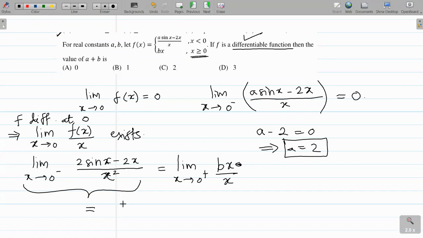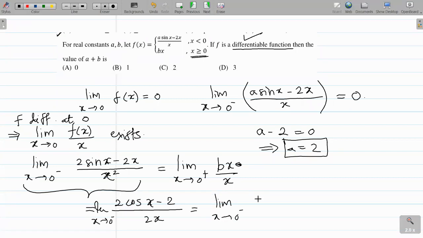L'Hopital's rule. Apply. So 2 cos x minus 2 divided by 2x, limit x tends to 0 minus. Now again it is 0 by 0. Cos 0 is 1, so 2 minus 2 upon 0. So once again L'Hopital's rule.